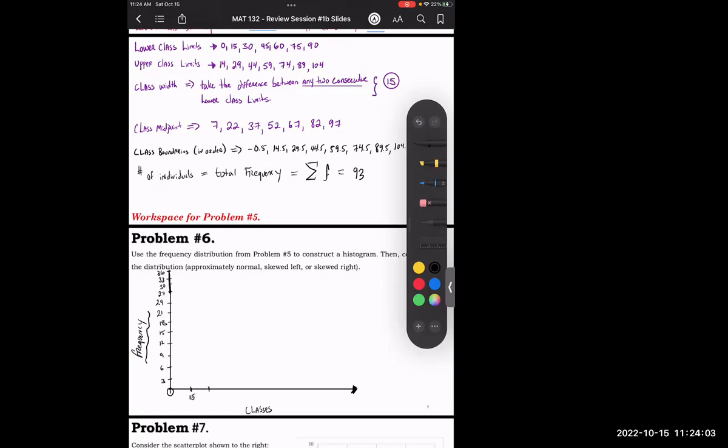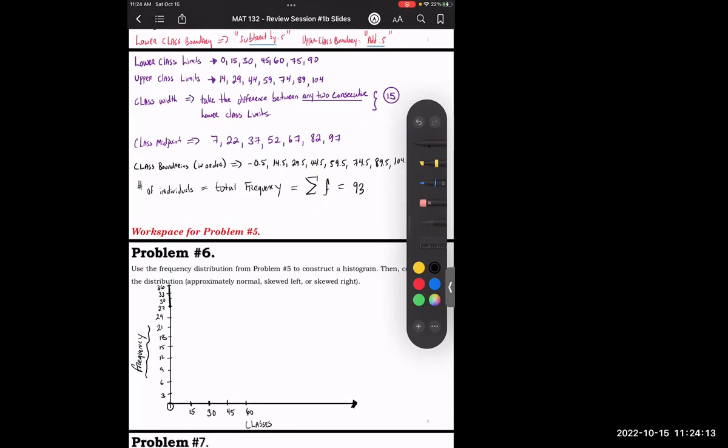My third class begins at 30, my fourth at 45, my fifth at 60, my sixth at 75, and my last class would be starting at 90. So I just list out the lower class limits of all the classes.